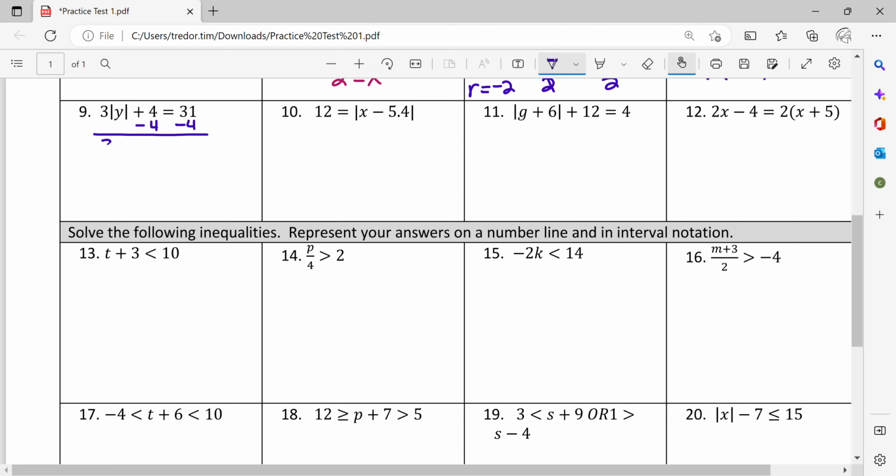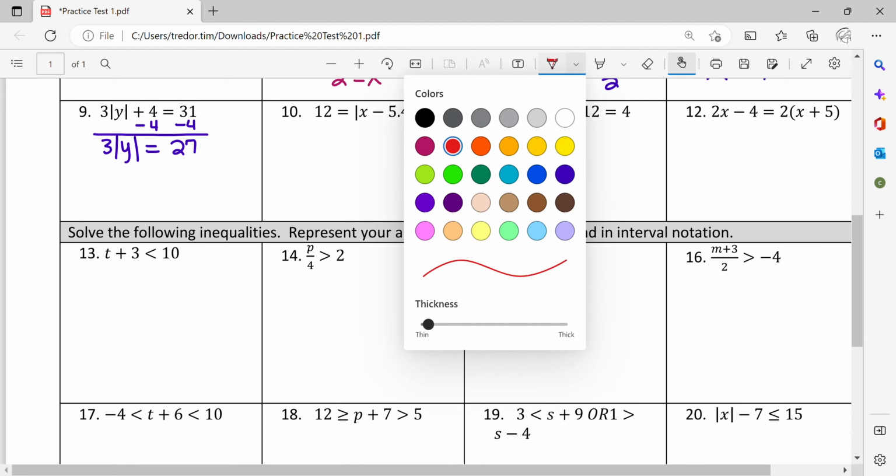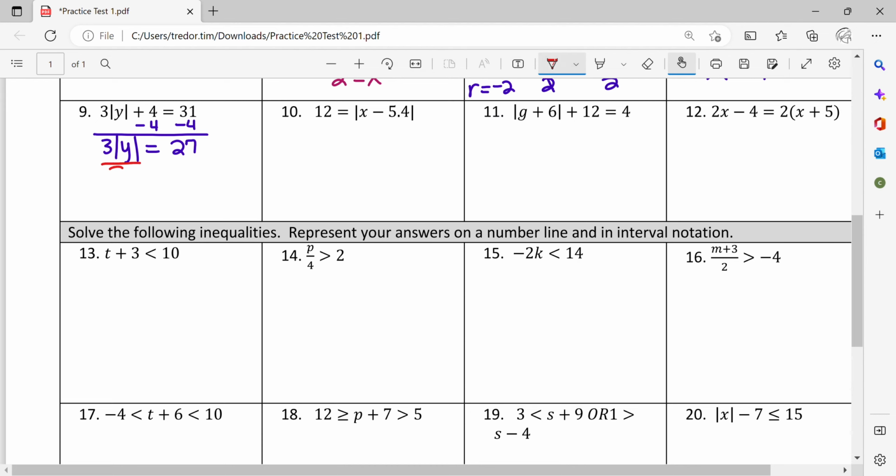And we'll have 3 times the absolute value of y equals 31 minus 4, or 27. Then we need to divide both sides by 3. And I'll have the absolute value of y is equal to 9.